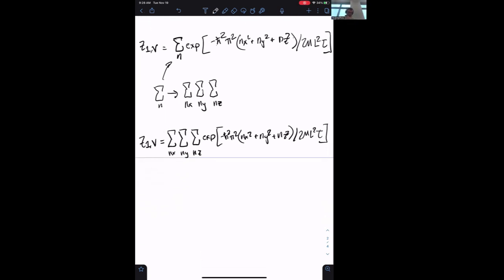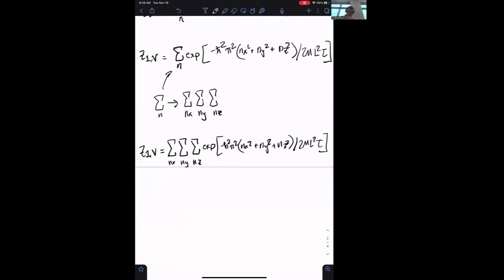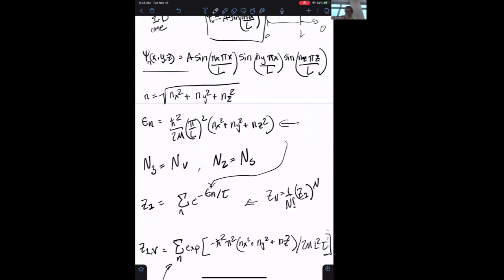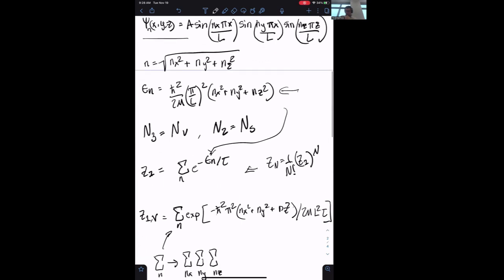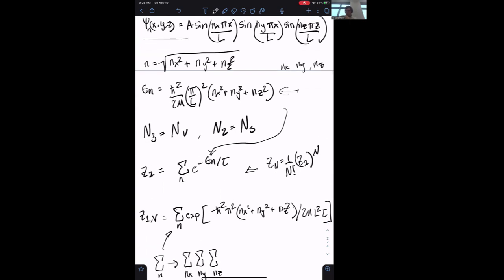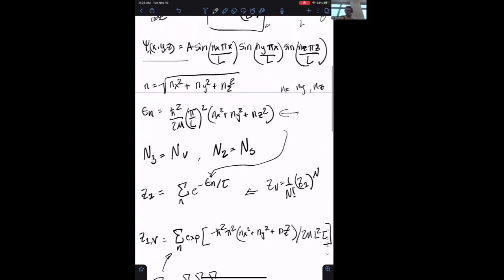Now the next step is to assume that, if you look at this formula again, the possible energies, these nx, ny, and nz, increase by integer values, just like they did before with the infinite square well.